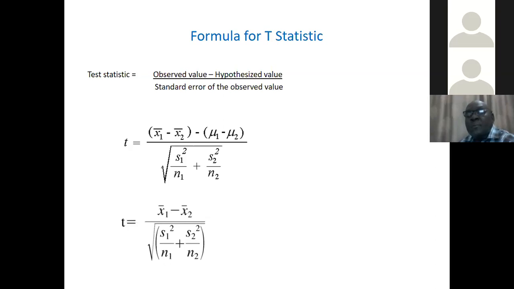What is the hypothesized value? The hypothesized value is the value it should be if there is no difference. You are testing a hypothesis, the null hypothesis, that there's no difference between the blood sugar of male and female. I'm just using this as an example.